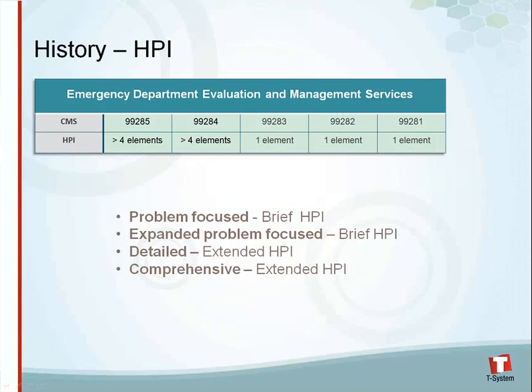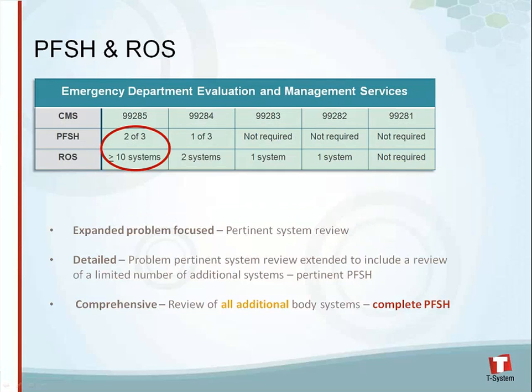It's not telling us that we only need one element, but if you go up to the table and see in your level 1, that would be a problem-focused HPI, and CMS requires at least one element. So this is one of the areas that CPT and CMS differ, and it could be more beneficial because you don't have to quantify the number of HPI elements for your non-government payers, but it gets a little sticky as we move on into the higher levels of service, and I'll talk about that in just a minute.